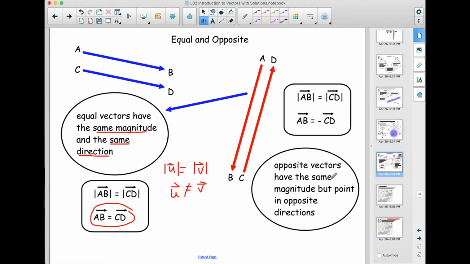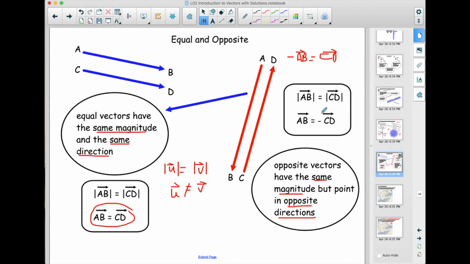Opposite vectors have the same magnitude, but they point in opposite directions. So note vector AB is the opposite vector of CD. I can say that, the way I've written it here, AB is equal to negative CD, but I could also say that negative AB is equal to CD.